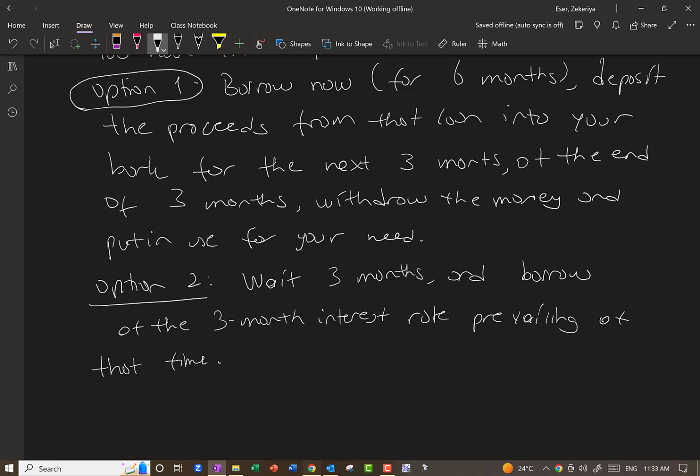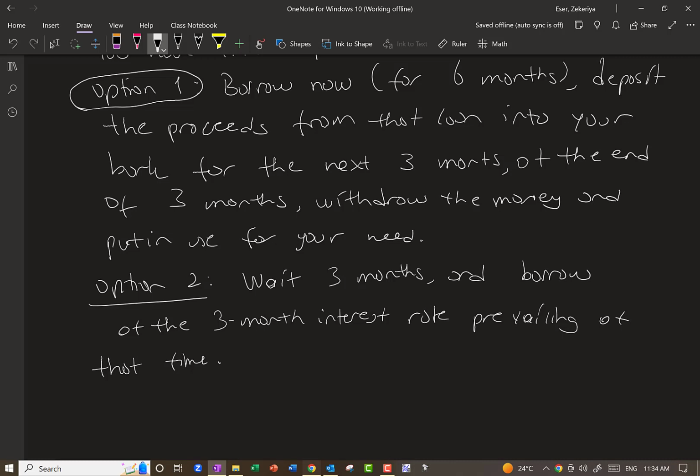So if I want to take that risk, sure, I can. If I am of the opinion that 3-month interest rates are going to go down, I can go ahead and wait. But if I'm afraid that they could go up, I'm going to go ahead and do what we call a poor man's forward agreement.